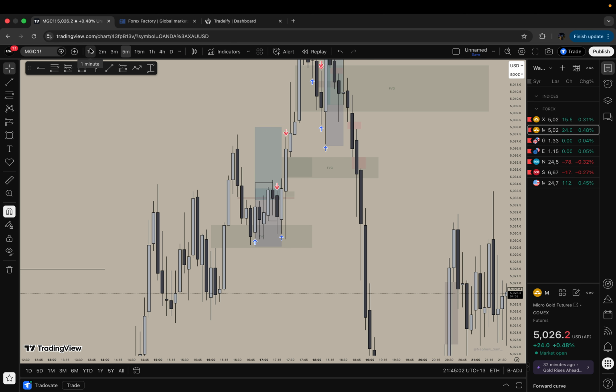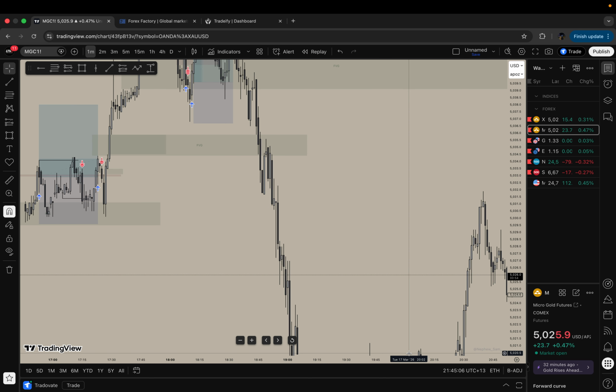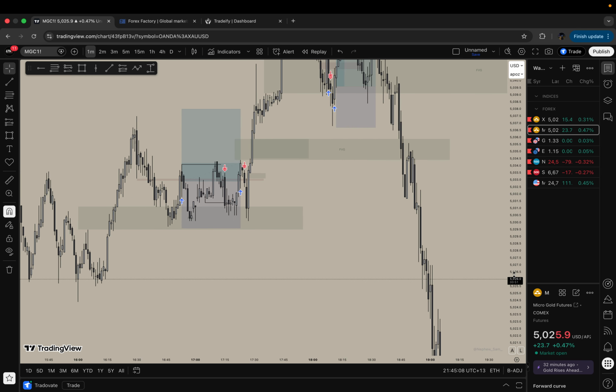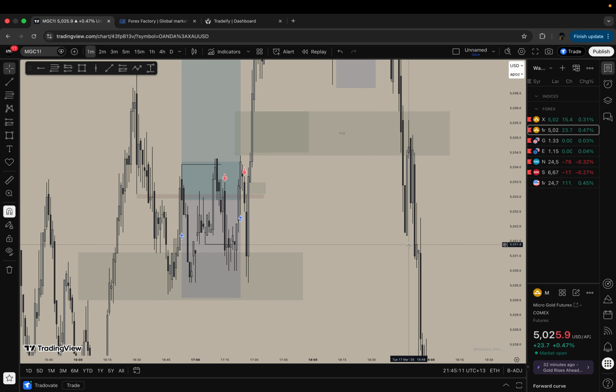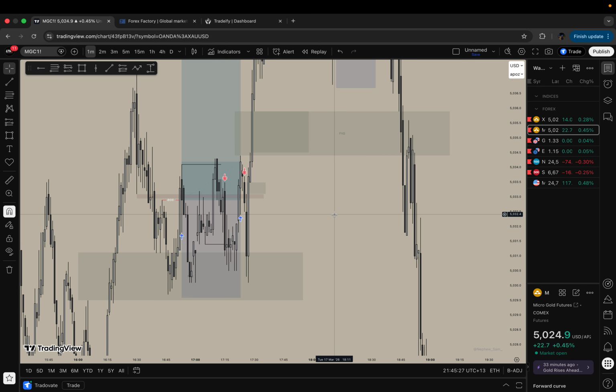Which then brings me to the 1 minute, right? So we talked about yesterday about displacement and what we're looking for in terms of that market structure shift, that displacement away from a PD array, which is what we had here.